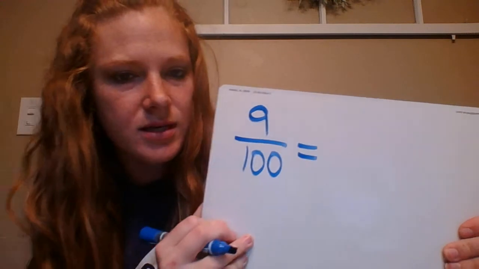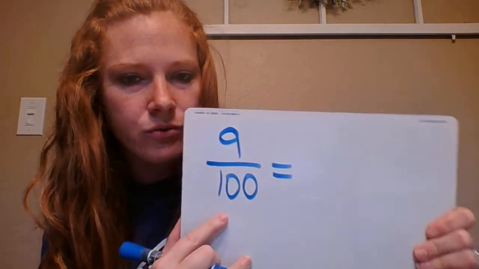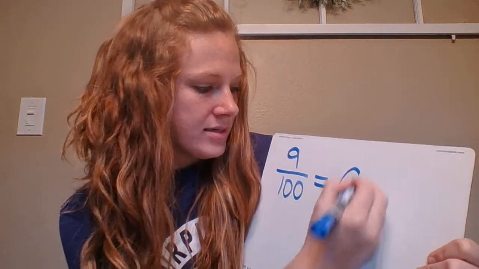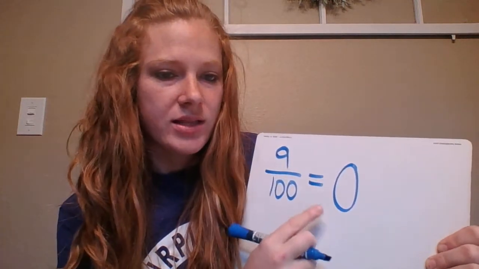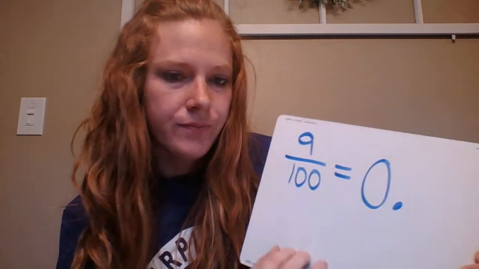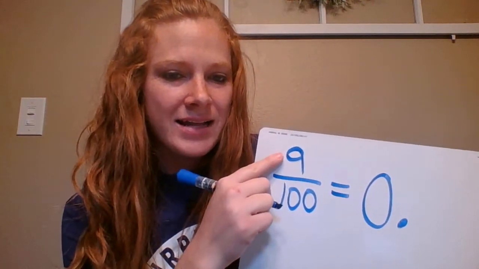So let's try another one that's similar. Oops, I wrote that wrong. Nine hundredths. How would we write 9 hundredths as a decimal? The first thing you would have to do is make a 0 to show that that's your ones place, your decimal to be your separator, and now I have 9.